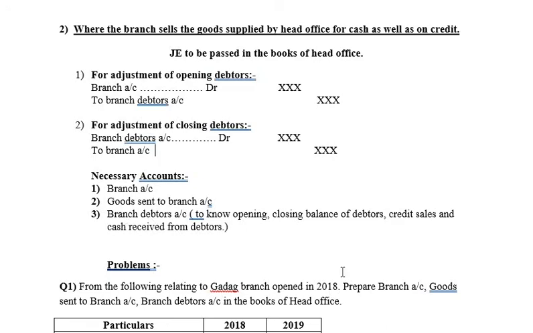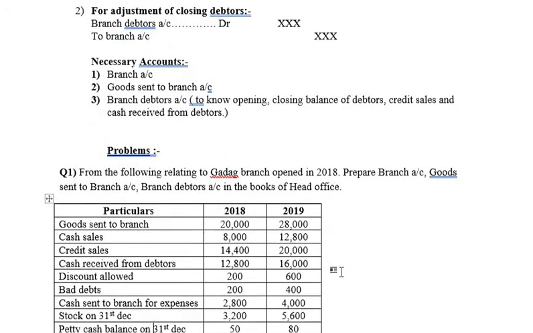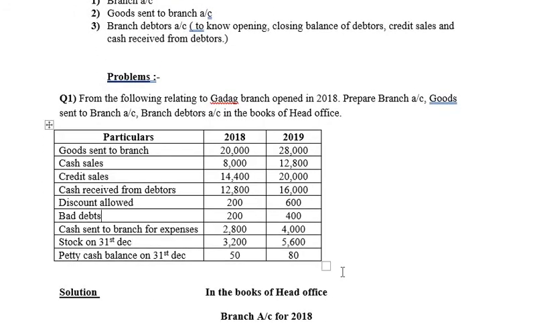All right, let's look into one problem so that you get to know the question quite well. From the following information relating to Gadak branch opened in 2018, prepare the branch account, goods sent to branch account and branch debtors account in the books of head office.